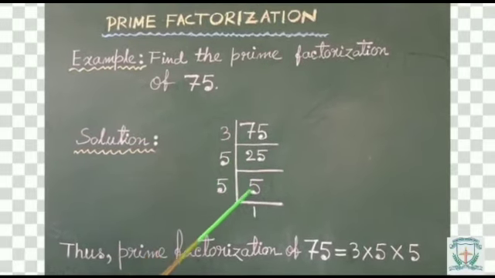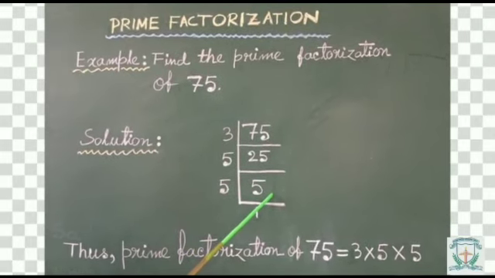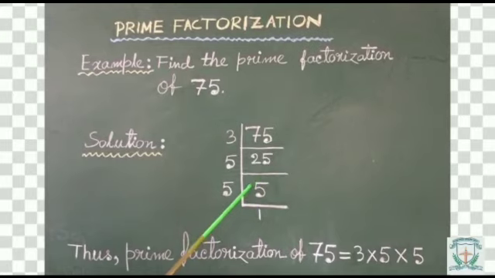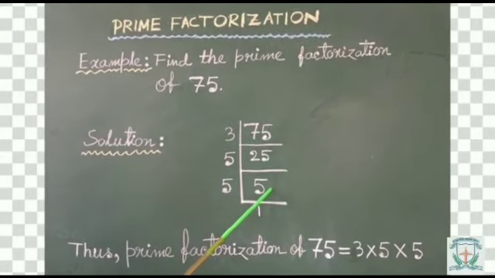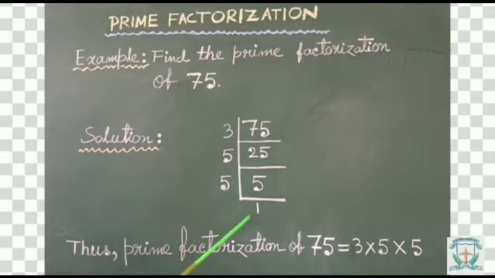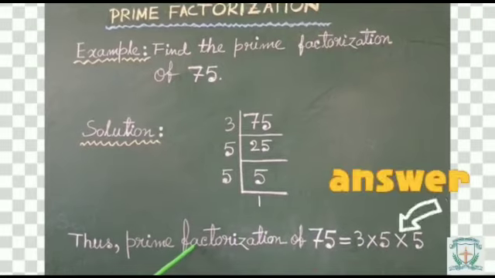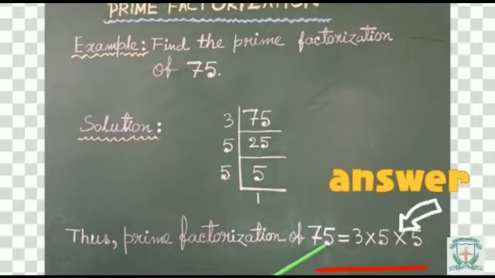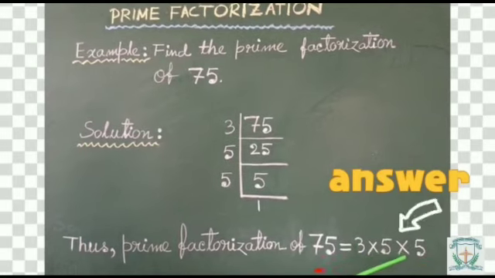So dividing 25 by 5 gives 5 as a quotient. Now 5 is a prime number, so it can be divisible by 5 itself, and we get 1 as a quotient. Thus, prime factorization of 75 is equal to 3 multiplied by 5 multiplied by 5.